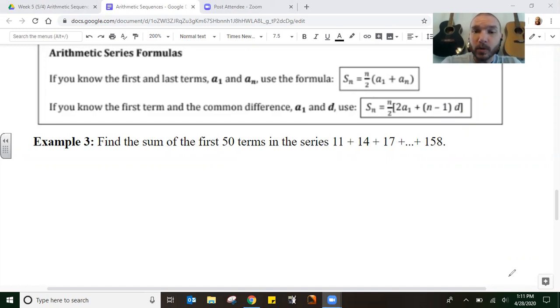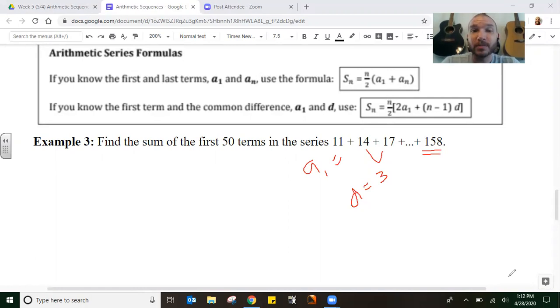So we know a sub 1 is 11 because that's the first term in the sequence. We know that the common difference here is adding 3, so that's d. And then this is what tricks up a lot of people. A lot of people might think this is our last term. We don't know that for sure. Yes, it is the last term in this sequence, but we don't know if that's the 50th term or the 1,000,000,000th term.